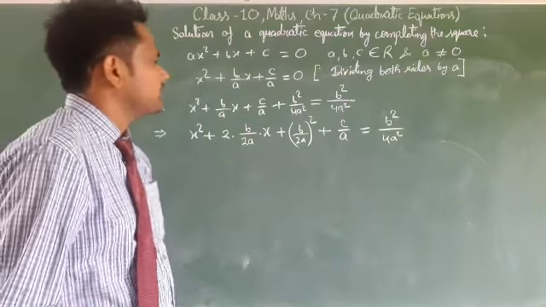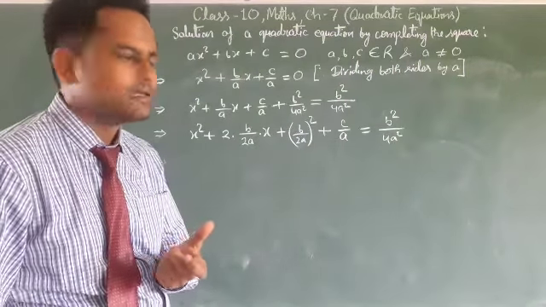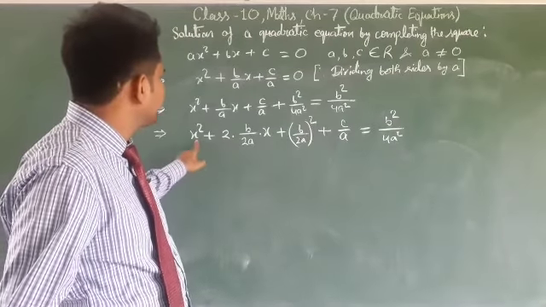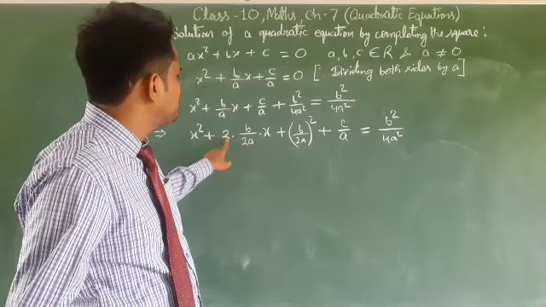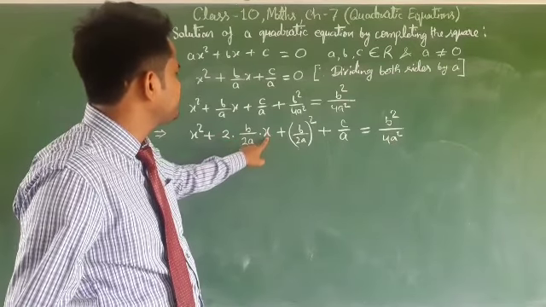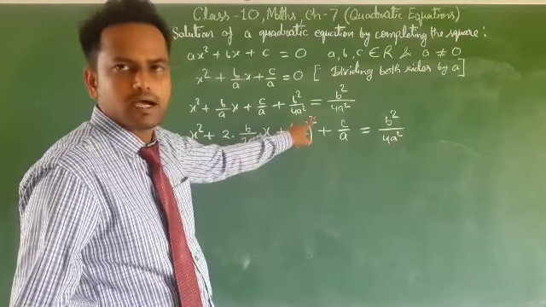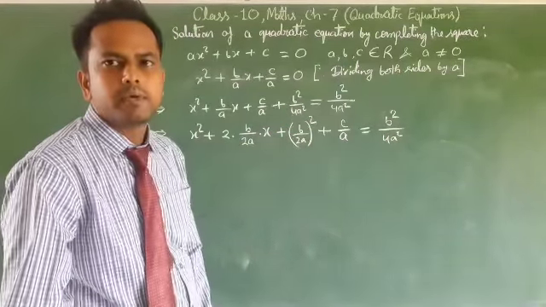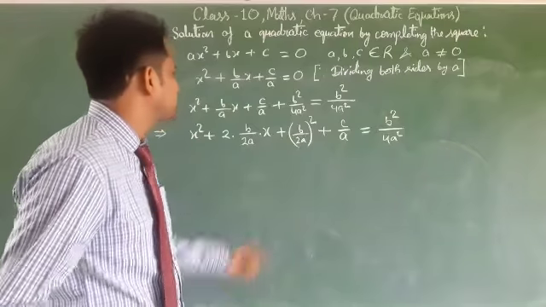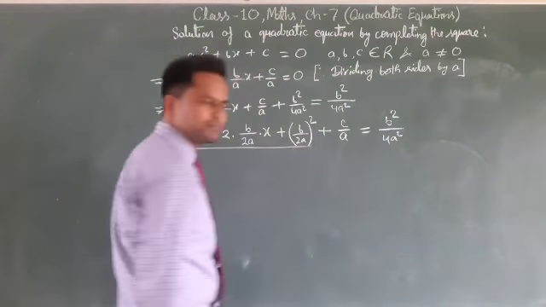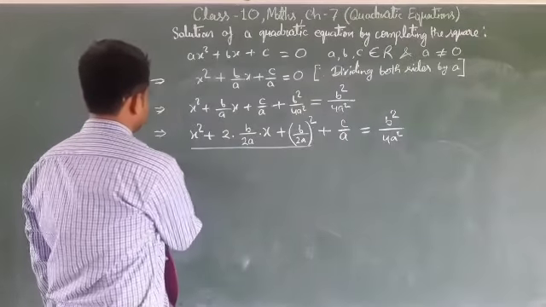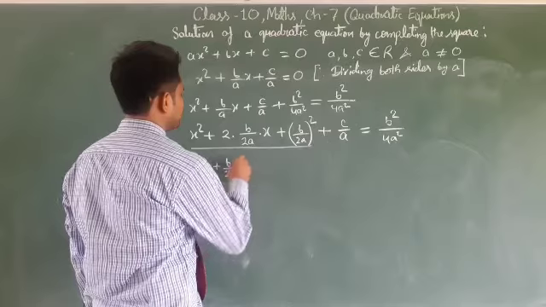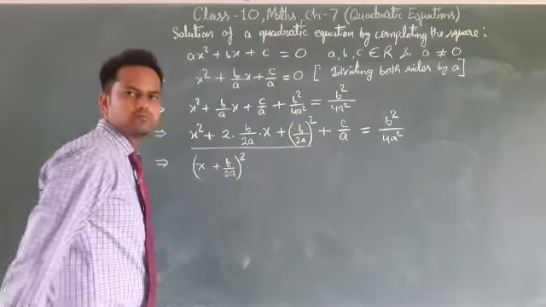If you observe clearly, then you will get a square plus 2 into a into b plus b square, that is a plus b to the power 2. It means this whole term can be written as x plus b by 2a to the power 2.